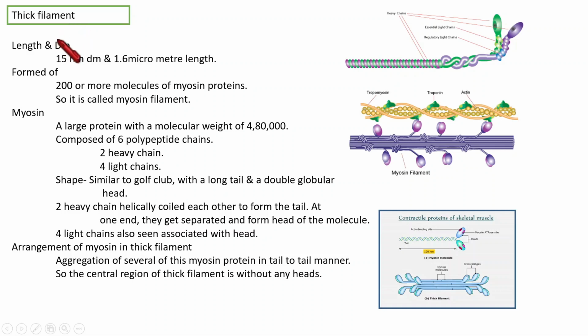Its diameter is 15 nanometers, and its length is only 1.6 micrometers. This is the thick filament. It is formed of 200 or more molecules of myosin protein. Which protein? Myosin protein. That's the important thing. As it is formed of myosin protein, this thick filament is otherwise called a myosin filament.